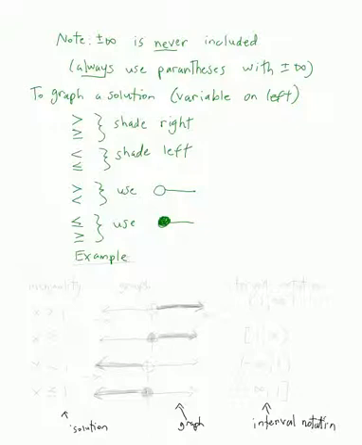We're going to do the inequality, then the graph, and then the interval notation. We'll do all four cases so that you can get accustomed to how you write these down. The first one is, what if you have x is greater than 1?